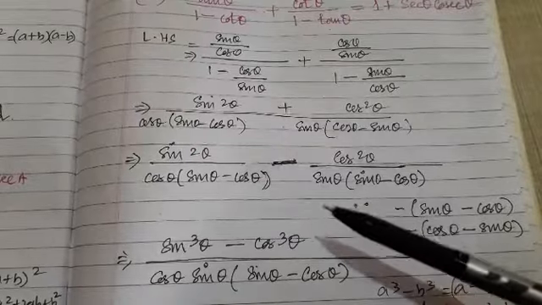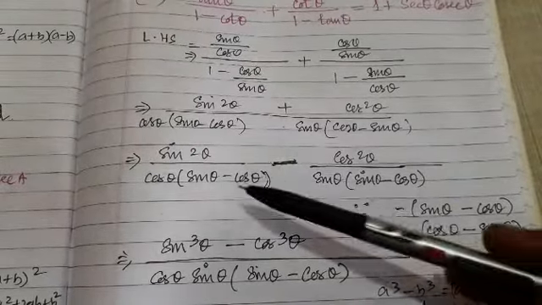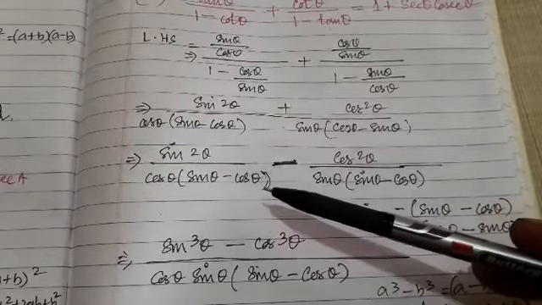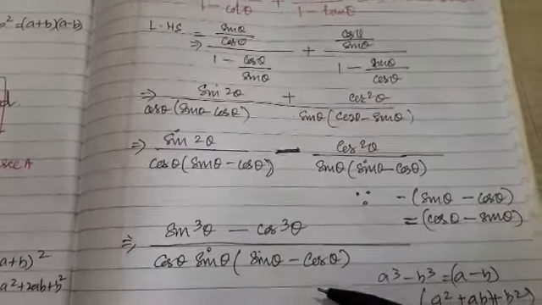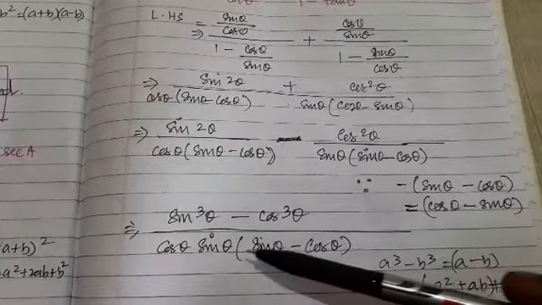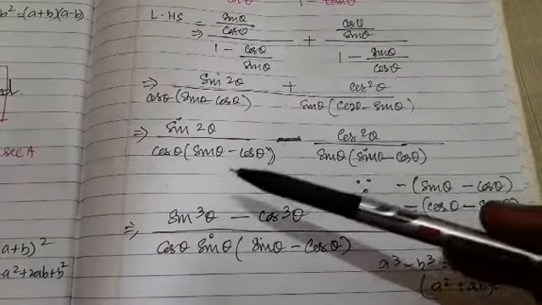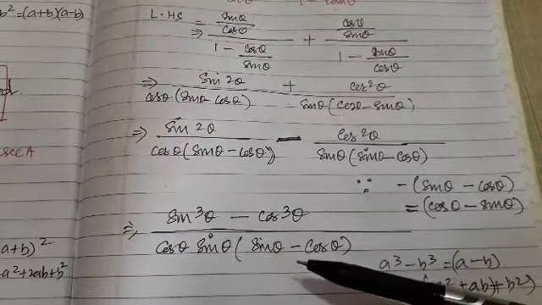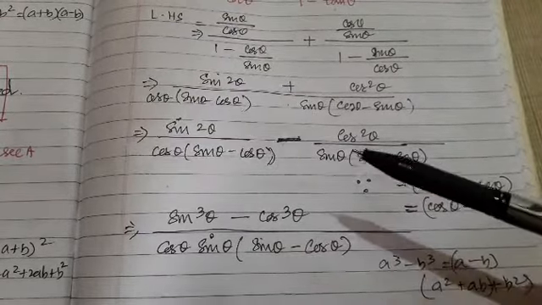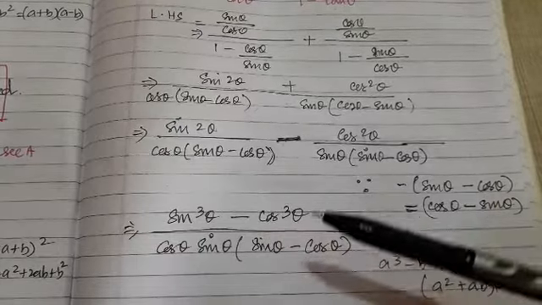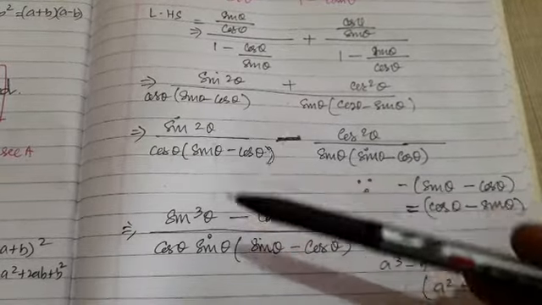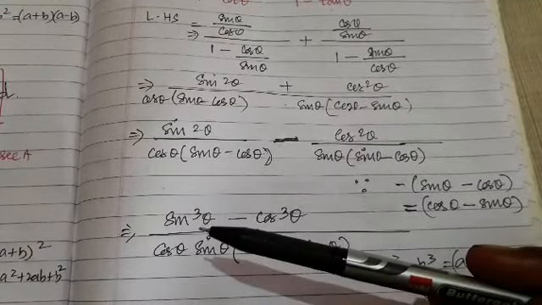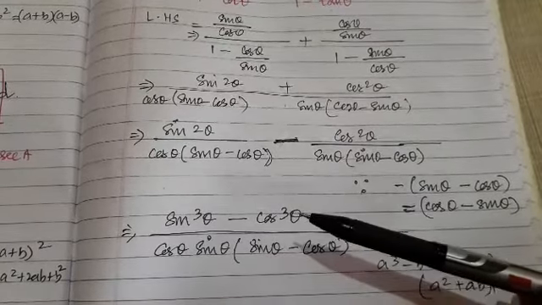Now you see, once again take the LCM here, cos theta sin theta bracket sin theta minus cos theta, that will be the LCM. Okay, cos theta sin theta bracket sin theta minus cos theta, that is the LCM of both fractions. Then after finding the LCM, this sin theta will be multiplied here, this cos theta will be cross multiplied here, so it will become sin cube theta minus cos cube theta.